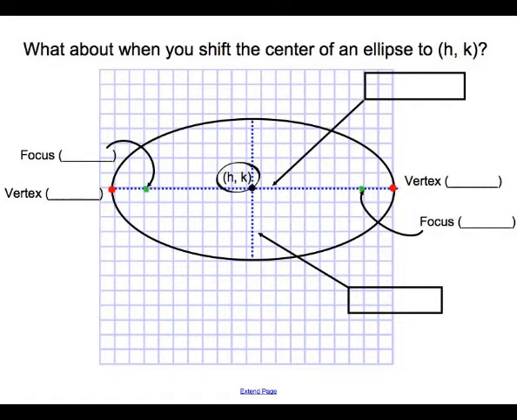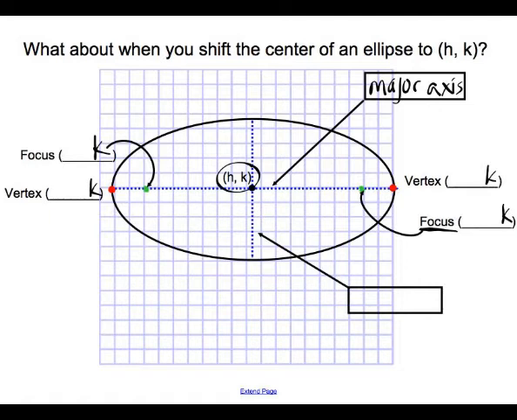Okay? Now let's say my major axis was the horizontal axis. Then my foci, remember, would be on that axis. So notice they're all along this horizontal line. So that means everything is going to have a k value because it didn't go up or down from that. So all my foci and my vertex points along the major axis will be at k for the y value.